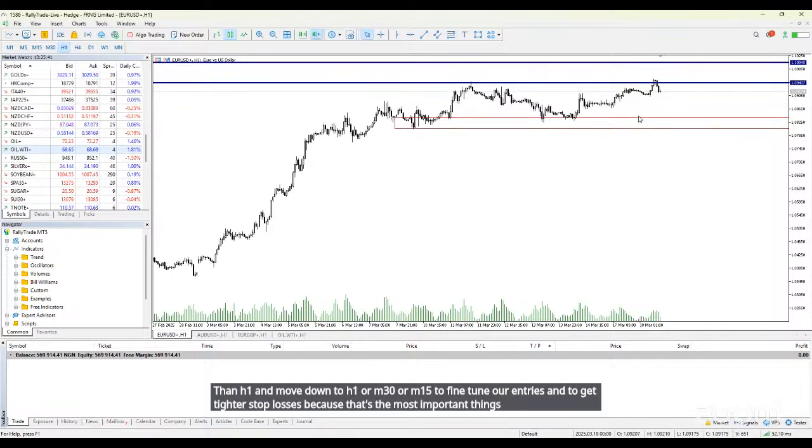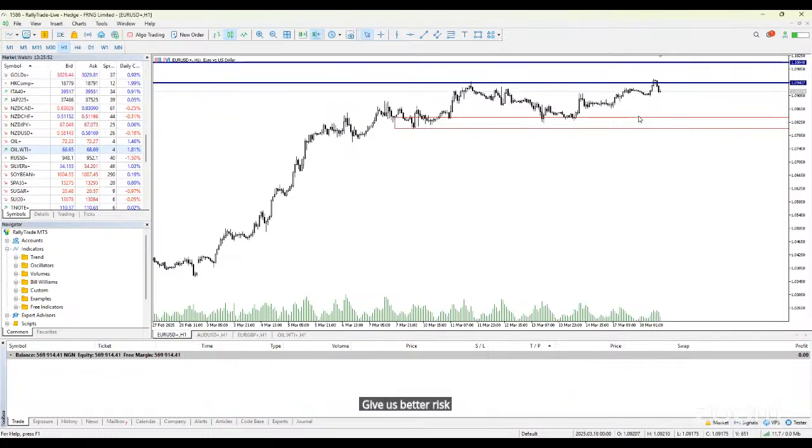Moving down to lower time frames will help us fine-tune the entry. That's the main reason, and also give us better risk to reward ratio by tightening our stop loss with better signals on H1.